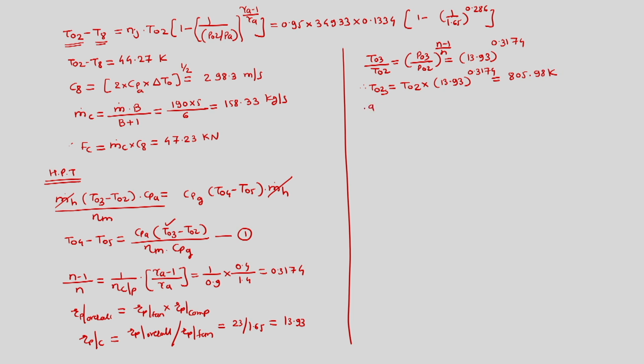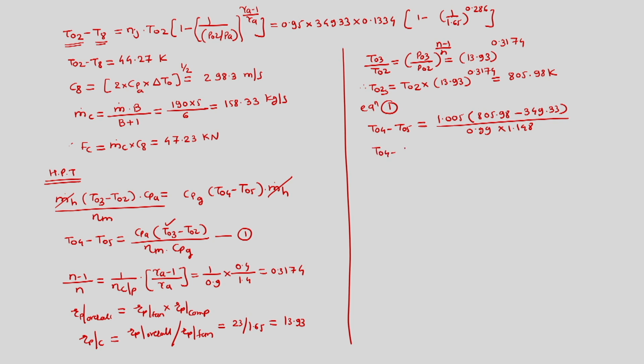Now we can go to equation 1, put everything in and find out T04 minus T05, which is equal to 1.005 into T03, which we have just found, 805.98, minus T02, which we know is 349.33, divided by mechanical efficiency 0.99 into 1.148.